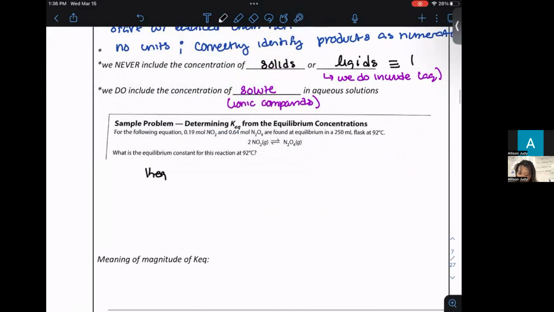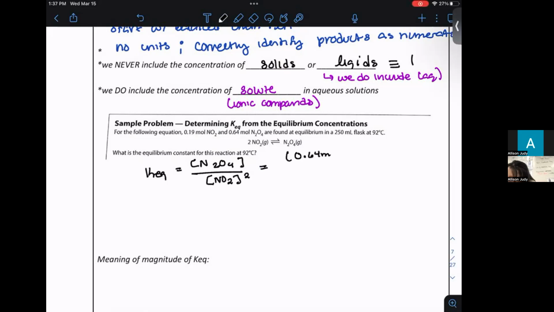So KEQ is going to equal the concentration of product raised to its stoichiometric coefficient, which is 1, over the reactant NO2 raised to its stoichiometric coefficient of 2. The concentration we've been given for our product is 0.64 moles per 250 milliliters, so that's 0.25 liters.